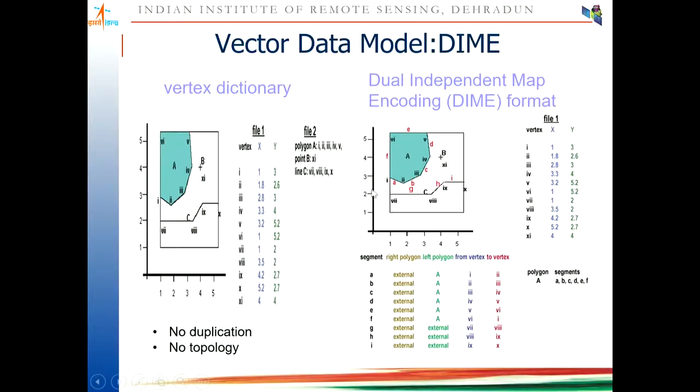Then there is also another format, which is called DIME, dual independent map encoding. It has a very similar structure to what we have with a vertex dictionary, but along with that it also has some additional information. This additional information gives a representation in terms of spatial relationships. For example, there is a polygon A, and there is also an external polygon, which is the outer world from this coordinate system.